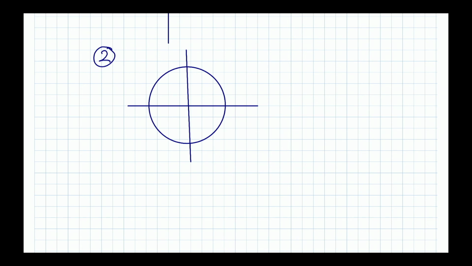So let's say we have a circle like this, and I put it on a set of axes, right? X and Y. And let's say that the radius of this circle is 1. So this distance right here, that is 1 unit. Okay, because that's a unit circle.